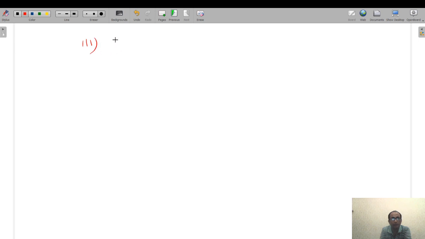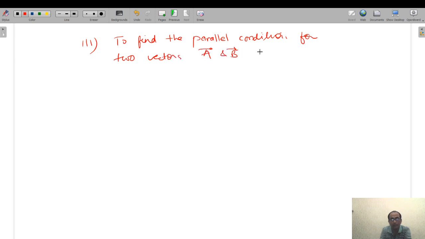It will help you to find the parallel condition for two vectors A and B. Simply check if A cross B is 0.